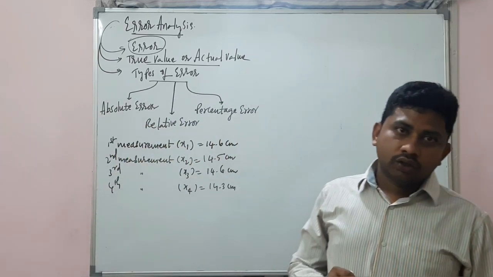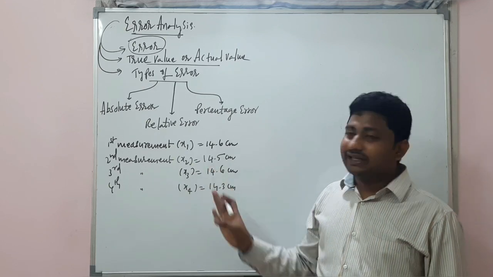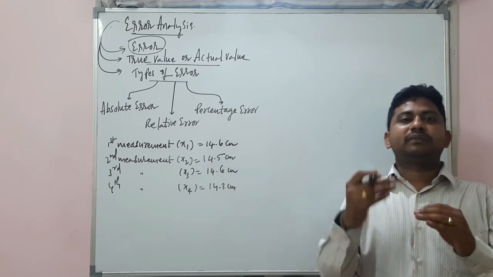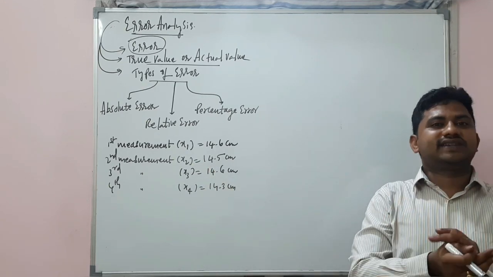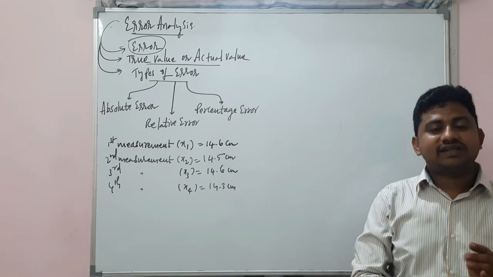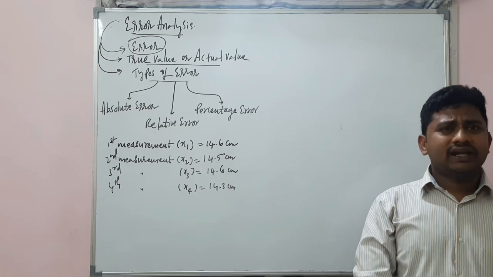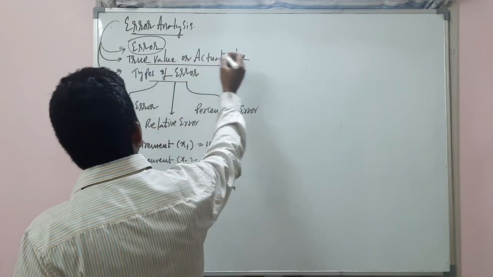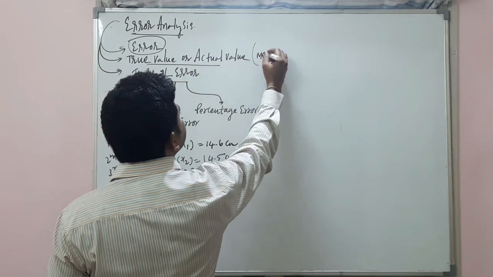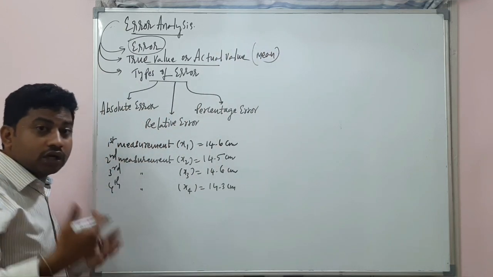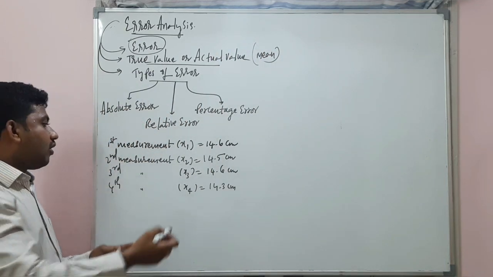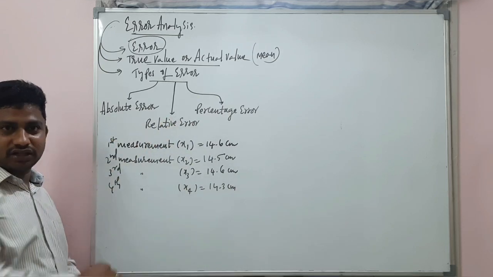To find the true value from this, when you start your experimentation and your laboratory sessions in 11th standard, you will understand how to take the true value or the actual value, right? It is so simple. The true value or an actual value is the mean. Mean of what? Mean or average of all these individual measurements.